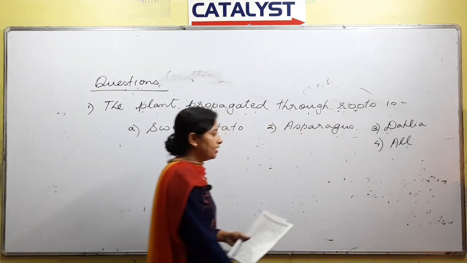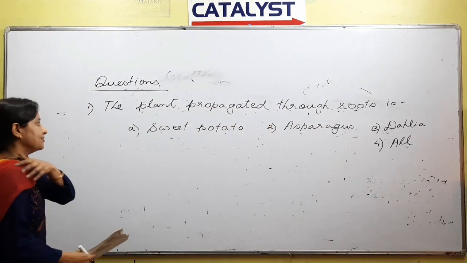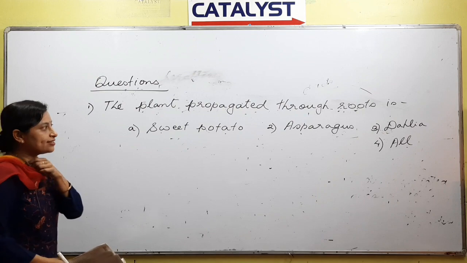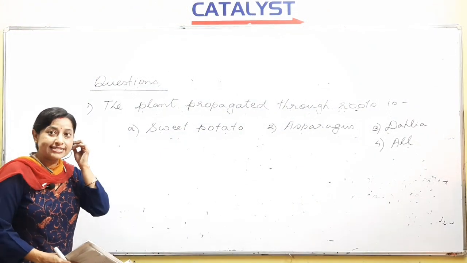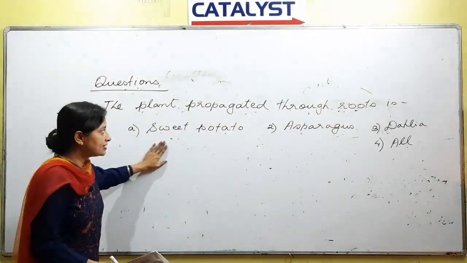So this is the question that has been asked. To answer a question like this, what do you have to know? You have to know the examples that you have studied. So what will the answer be?